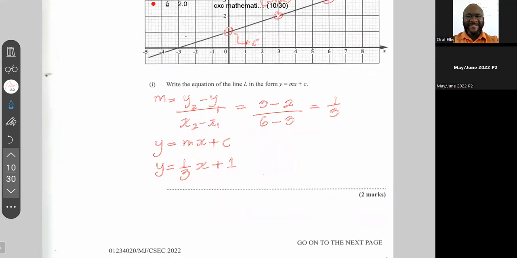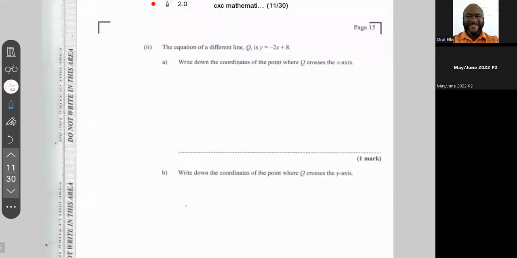Going down. We're told that the equation of a different line Q is y is equal to minus 2x plus 8. We're asked to write down the coordinates of the point Q, the point where Q crosses the x-axis.